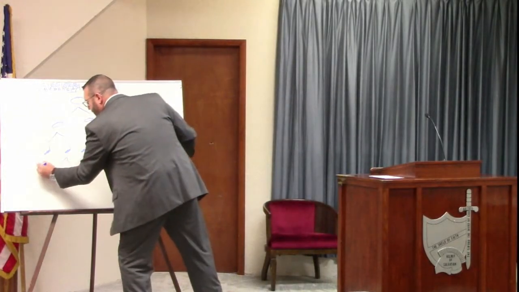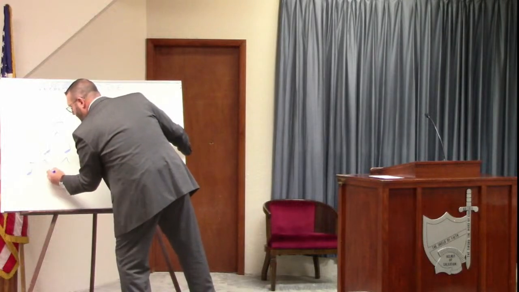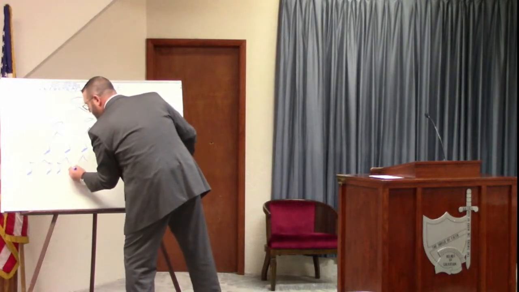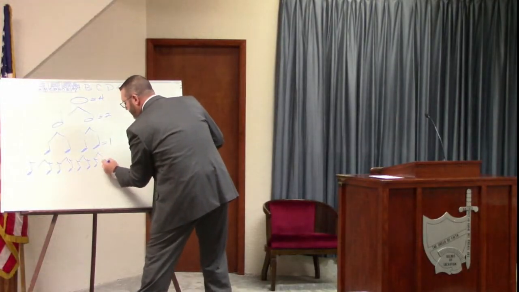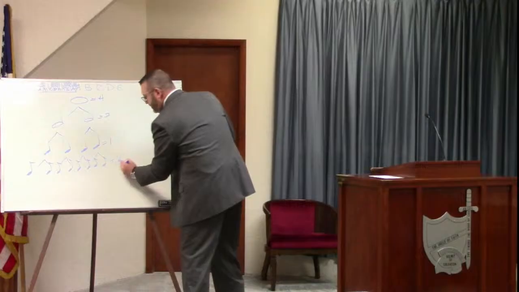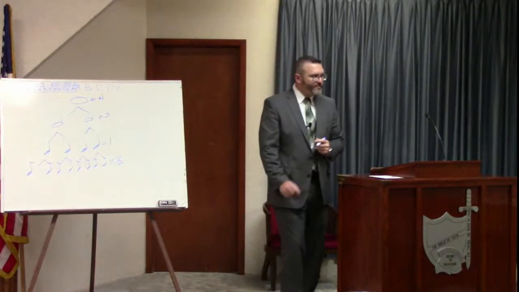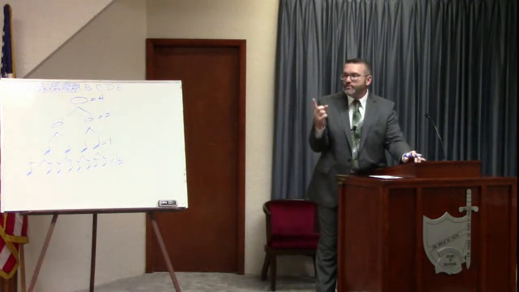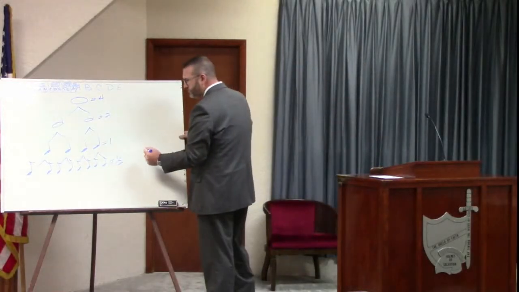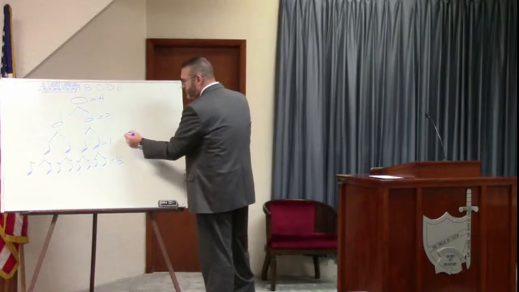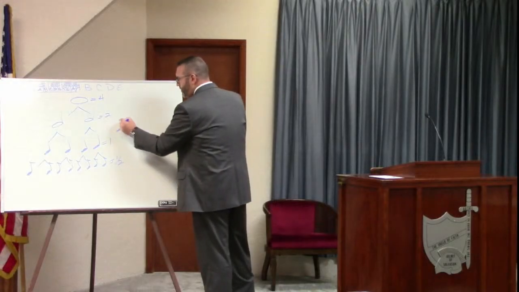What are these notes called? Eighth notes. The eighth note, what is the value of an eighth note? It's only half a beat. It takes 2 of those to equal 1 beat. So, if I have a measure of those, I'm not going to write them all up here.